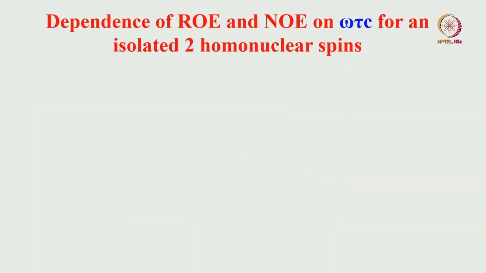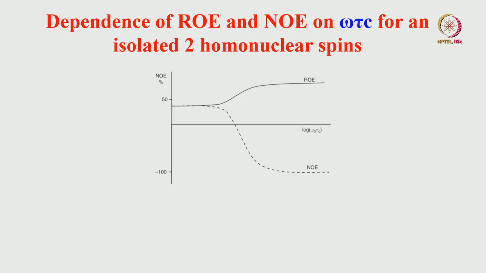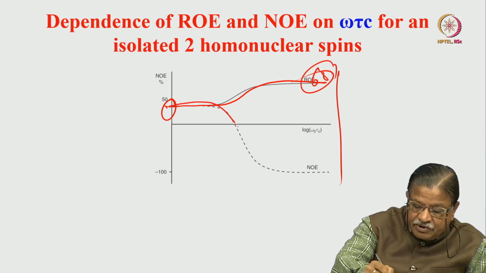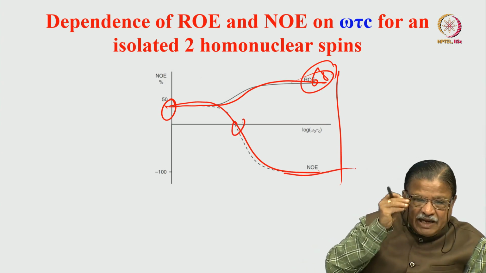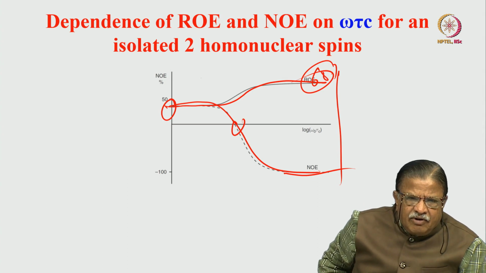So, the dependence of ROE and NOE on omega tau c for an isolated two homonuclear spins, if I consider, is how it is. ROE starts here, goes from 40% up to 68%, always positive. Whereas NOE starts with 50%, comes down, goes to 0 and goes negative. This simply illustrates graphically how ROE and NOE change with omega tau c.